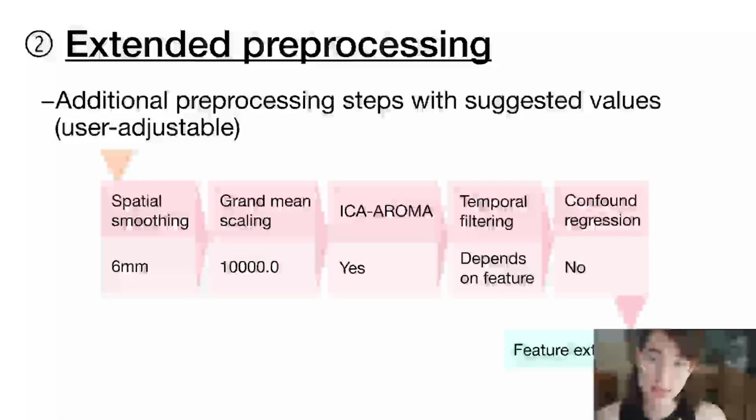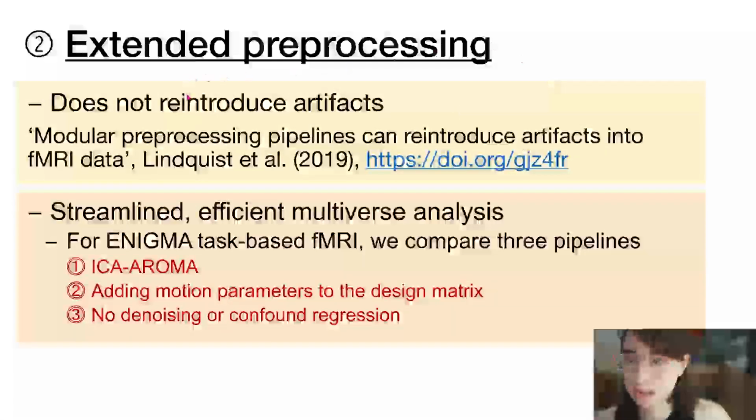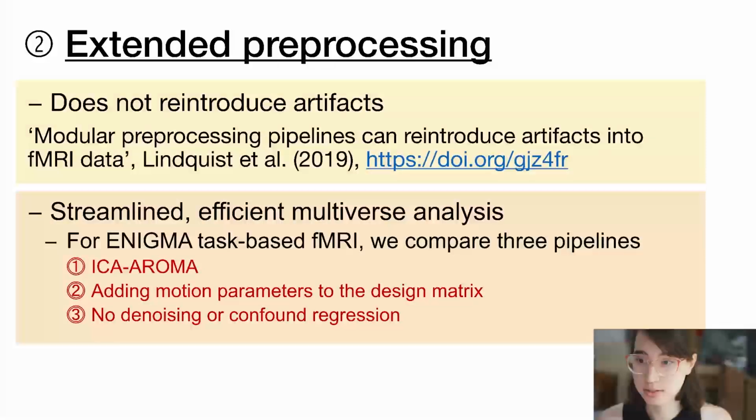And so what is really, I think, important about these additional or extended pre-processing steps on top of fMRIPrep is that we really take care to not reintroduce artifacts. We wrote HALFpipe with a lot of care about the results, because when running multiple steps of denoising or pre-processing in a modular way, the next step doesn't know about the previous step oftentimes.